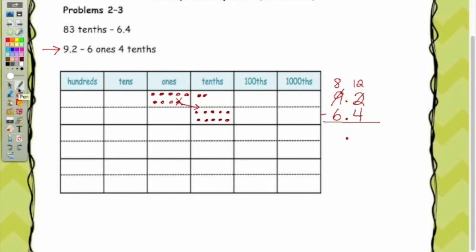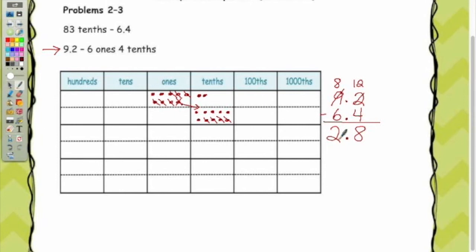Okay, so if I'm going to subtract here, I'm going to cross off how many? 4, and there should be 8 left. And then I'm going to cross off how many? 6, and there should be 2 left. Okay?